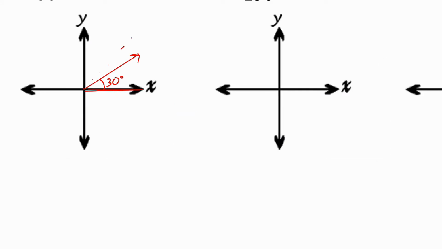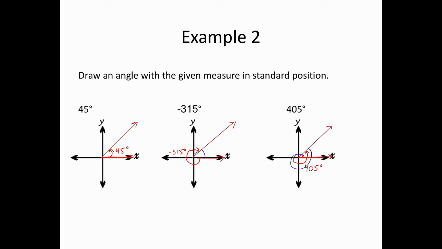Now, to figure out coterminal angles, there's one shortcut that I would suggest. Going back a second to that 405-degree angle, you'll notice, again, I went 360 degrees and then just added 45 degrees. Or I could think about it the other way. I can do 45 degrees plus 360 degrees.